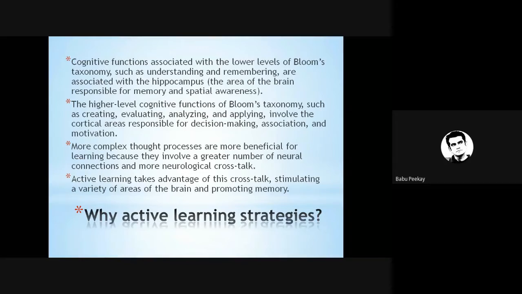So the kind of learning we try to provide in the classroom should involve greater number of neural connections. And this neurological cross-talk among different levels is possible through active learning processes.